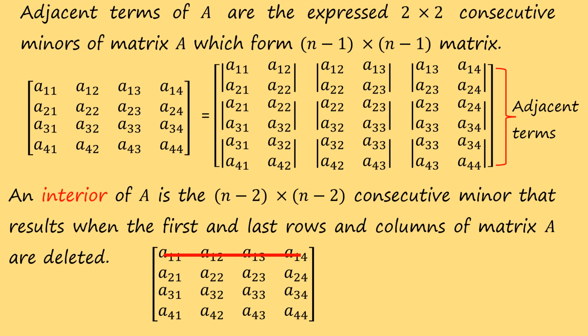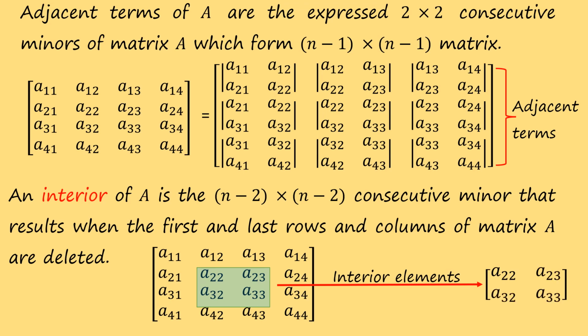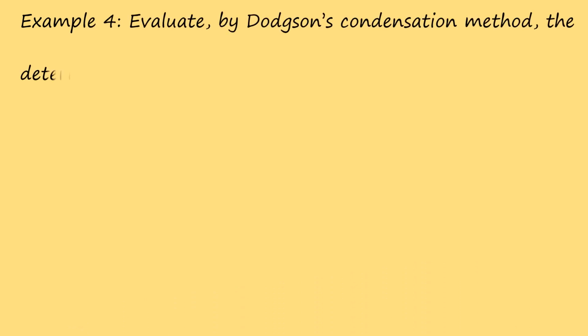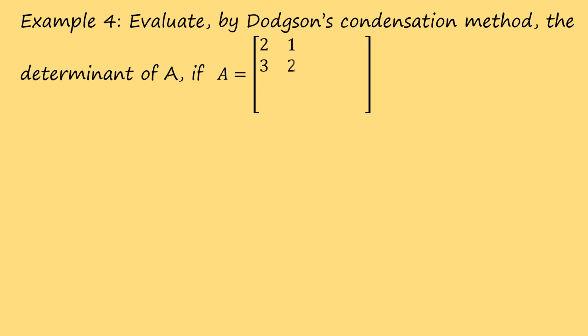So the remaining matrix is what we refer to as the interior element. If we have only one, then it becomes an interior element, but in this case it forms a 2 by 2 matrix.